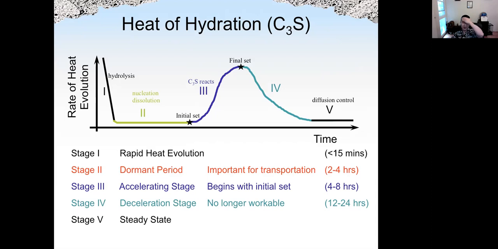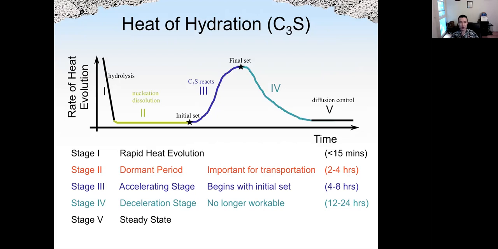The reason why we do not have anything going on here is because the hydration product will not be generated in this stage, because the concentration of ions such as calcium and hydroxide ions is not high enough.